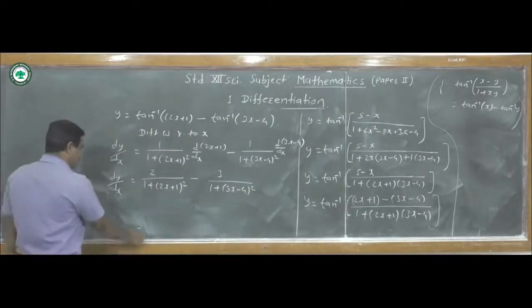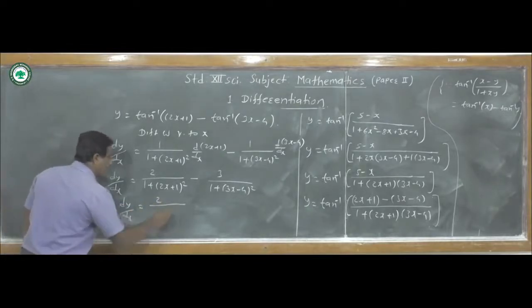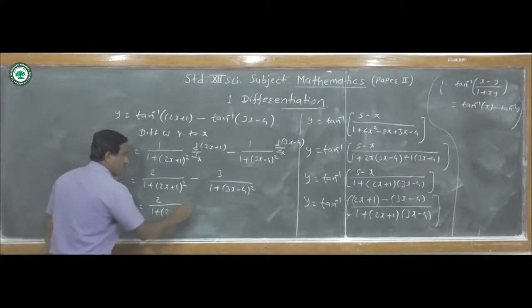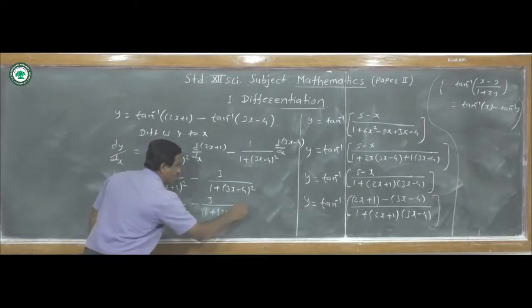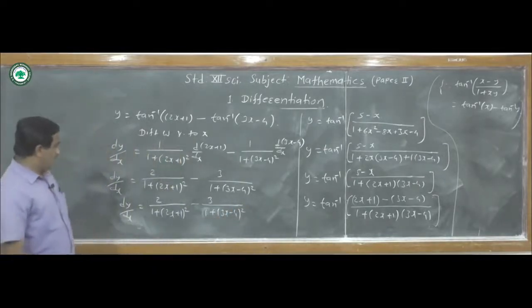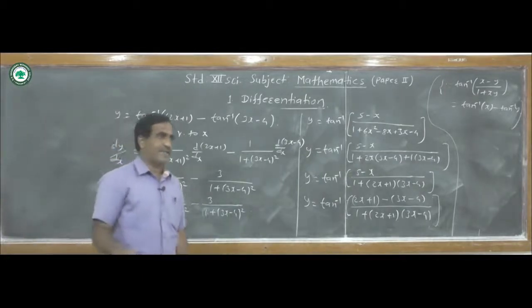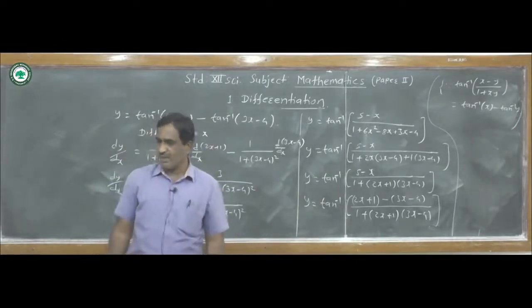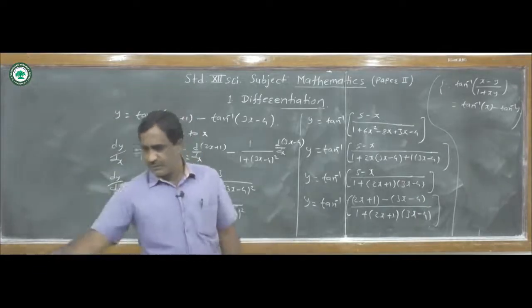Okay, that is we get here dy by dx is equal to 2 upon 1 plus (2x plus 1) bracket square minus 3 upon 1 plus (3x minus 4) bracket square. Okay, this is the derivative of the given function tan inverse of (5 minus x) upon (6x square minus 5x minus 3). Okay, now we will stop here. Thank you.